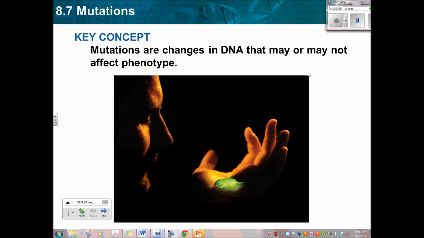If it was an AAG, it got messed up, it was now an AAC. If it coded for the same amino acid, does it matter? No. So here a change happened and it had no effect and it didn't matter. So all mutations are changes in the code. Somewhere the code has been changed.